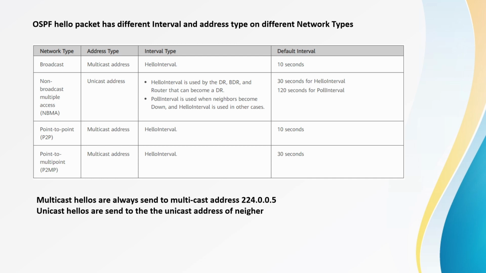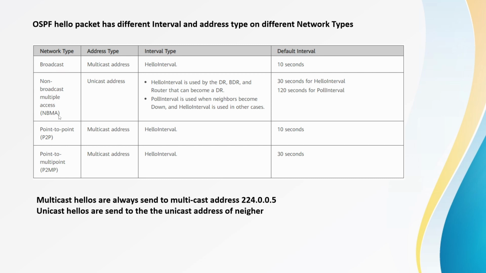The hello packet has different intervals and address types on different networks. Here we talk about the destination address type. I list 4 network types in this sheet.